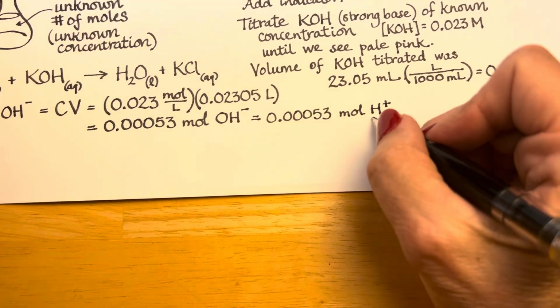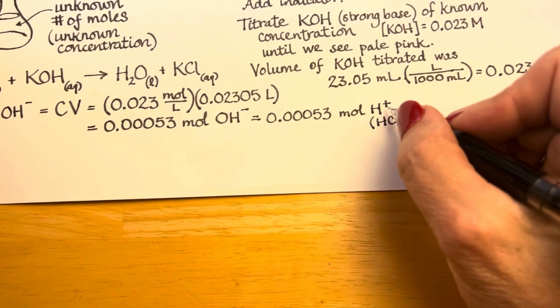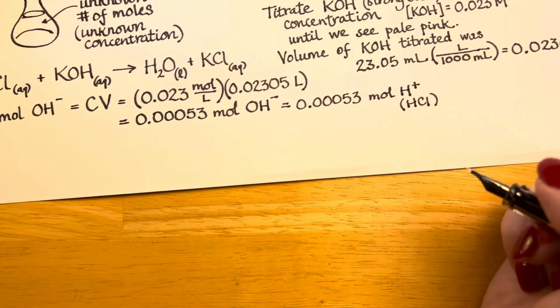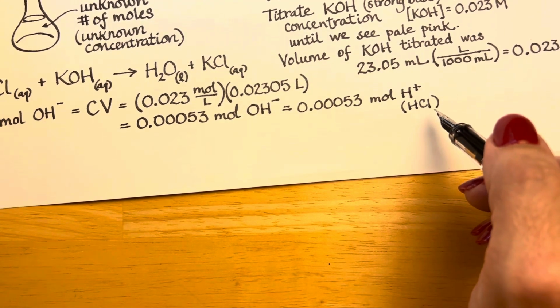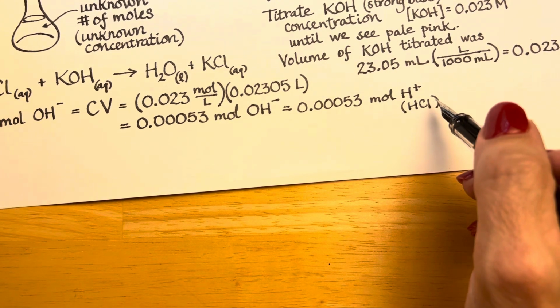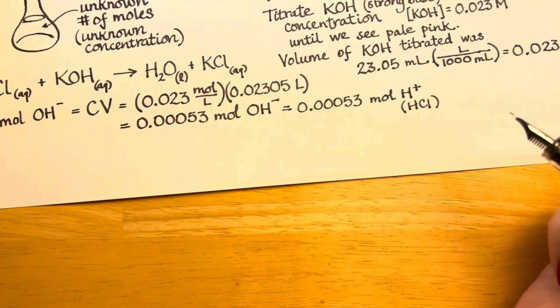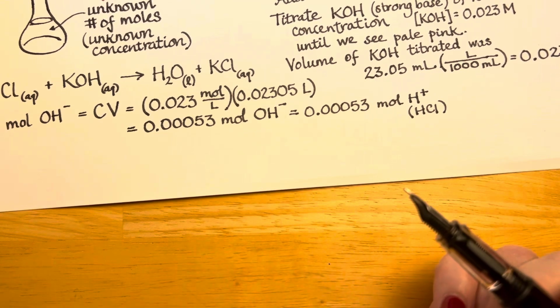Or in other words, HCl, since there is 1 H plus per HCl. Now, if you had a diprotic acid, like sulfuric acid, for example, then you would need to take that into account here. Okay, so keep that in mind.